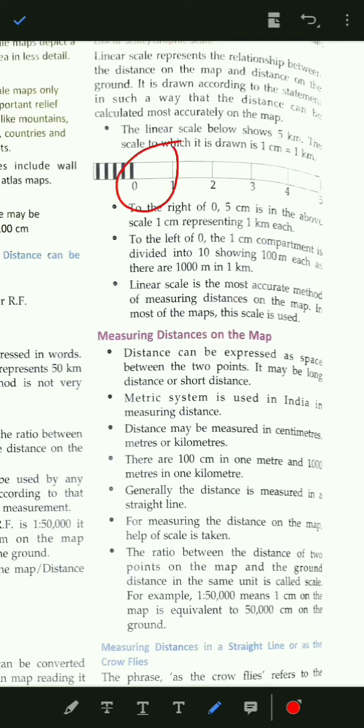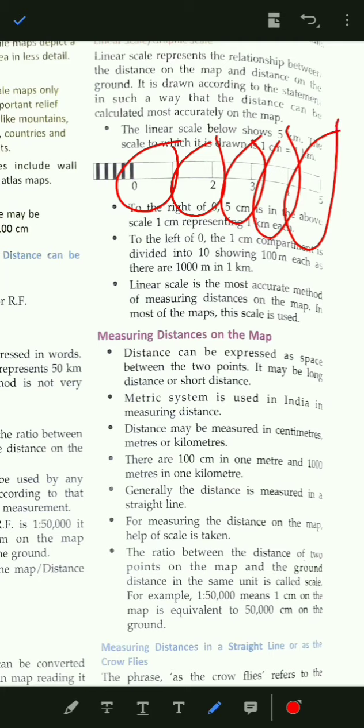This 1 centimeter is taken as 1 kilometer. This is another 1 kilometer. This is another 1 kilometer. Another 1 kilometer. This is another 1 kilometer. So 5 kilometer distance is taken here.